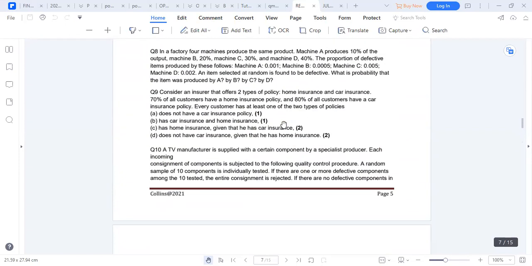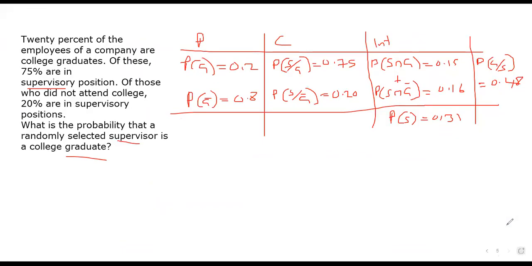Now we can look at question number 9. So I keep echoing the fact that you need to be familiar with the axioms of probability.